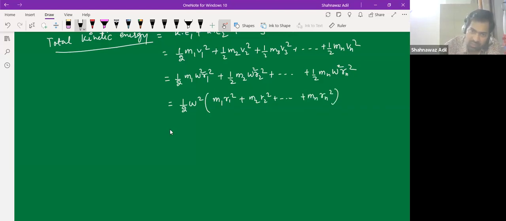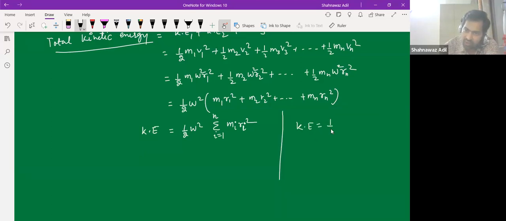So I can simply write this in summation form, in the simplest notation, as the sum from i equal to 1 to n of mi ri square. So this is the total kinetic energy. And if I compare this with the translational motion, this is half m v square.